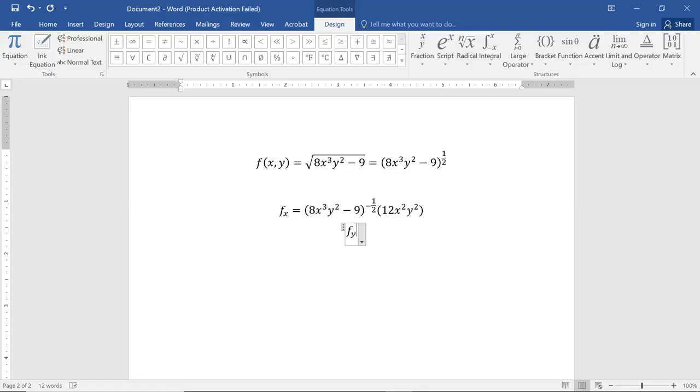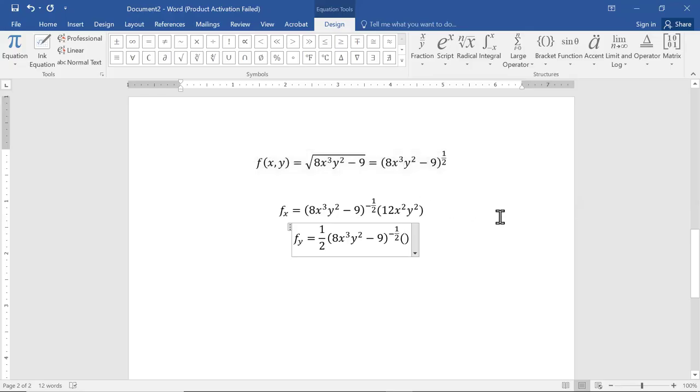Let's do the same thing for y. Again, y is inside, so I'm going to take the 1/2 out front times the normal function, 8x to the third y squared minus 9, the normal inside function, raised to the negative 1/2 power. Now the derivative of the inside function with respect to y is going to be, I'm going to take the squared, multiply it out front.